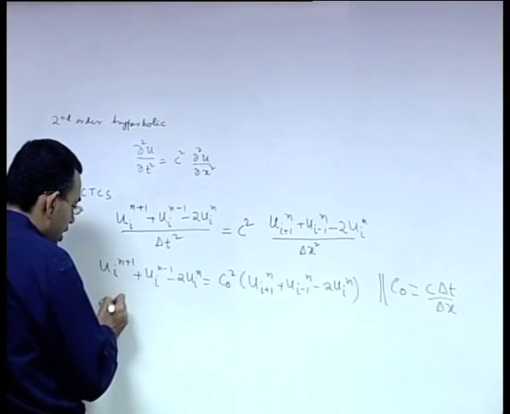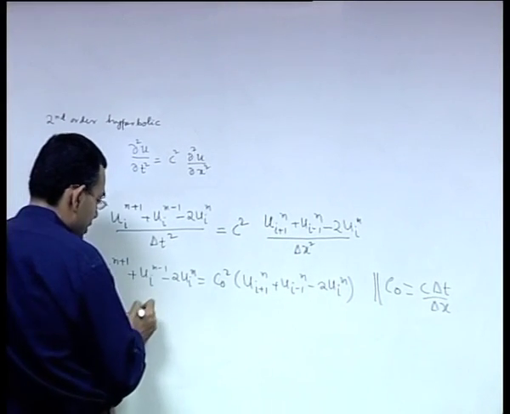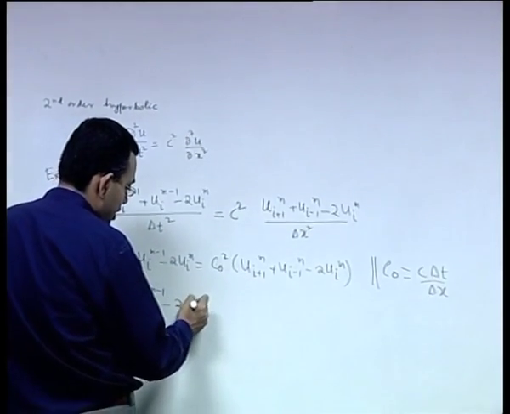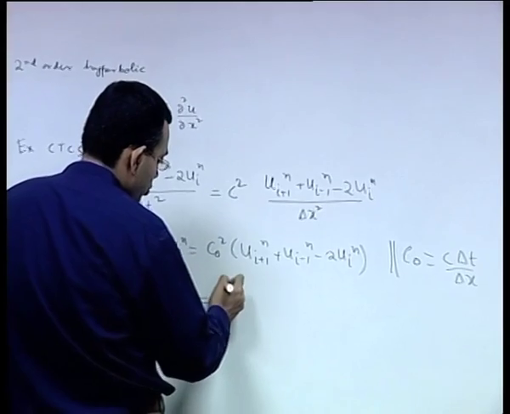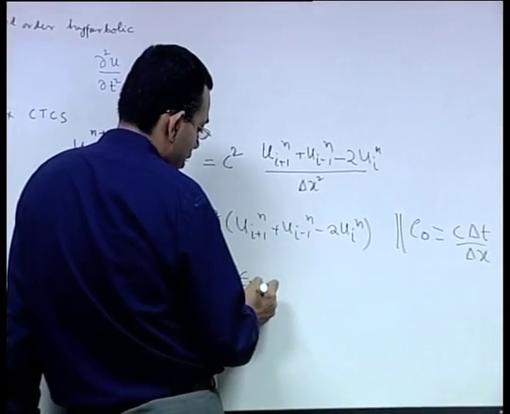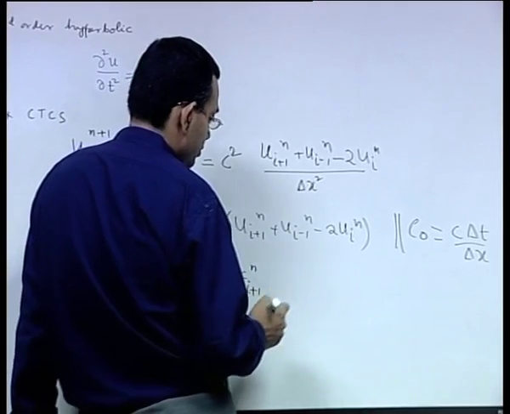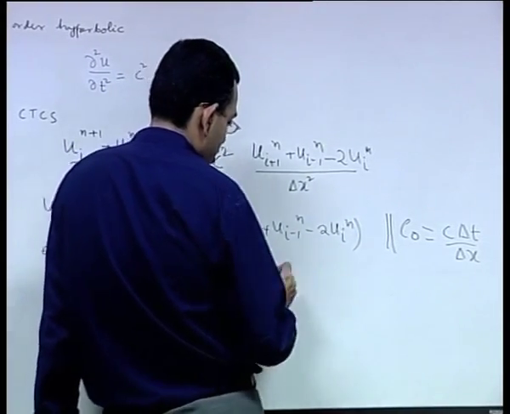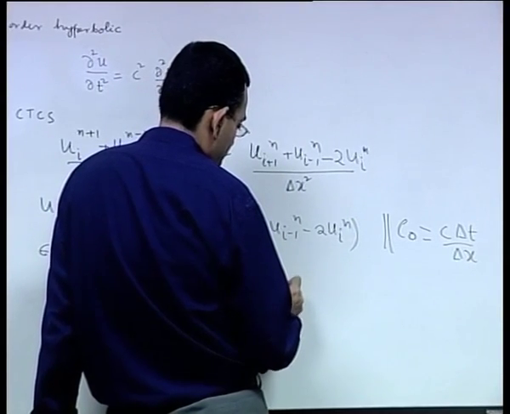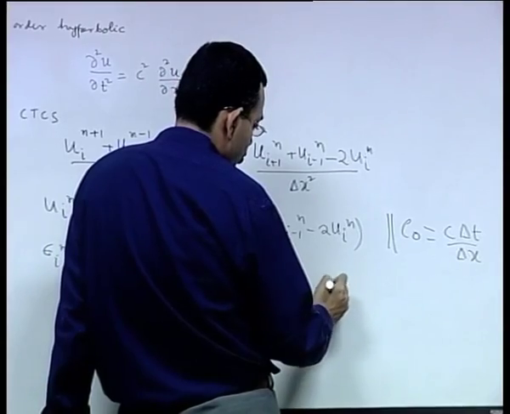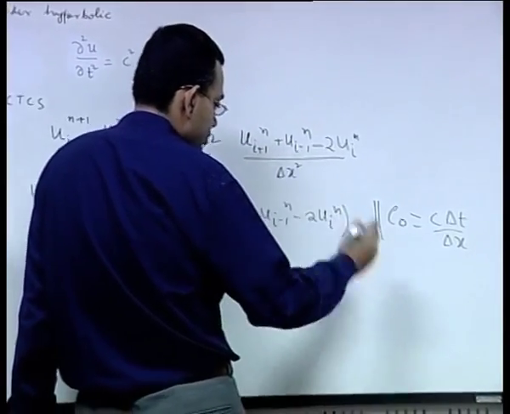Let us write the expression of the corresponding error. So epsilon I n plus 1 plus epsilon I n minus 1 minus 2 epsilon I n is equal to Courant number square times epsilon I plus 1 n plus epsilon I minus 1 n minus 2 epsilon I n.